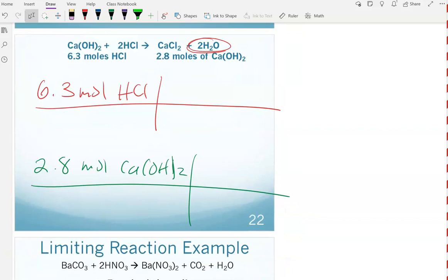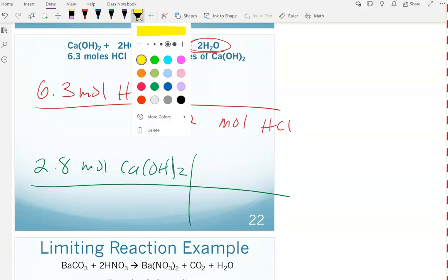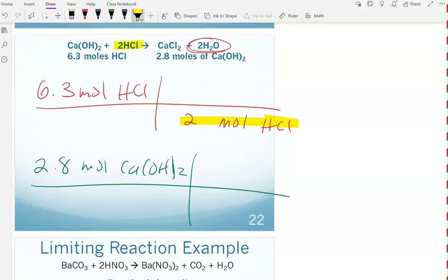For the first picket fence, I know my units that have to go here is moles of HCl. And again, if you're ever starting a picket fence with moles, then you want to go straight into using the balanced equation. According to the balanced equation, that's 2 moles of HCl. And then above that, if you put something in the bottom here that came from the equation, whatever goes above it should also come from the equation.